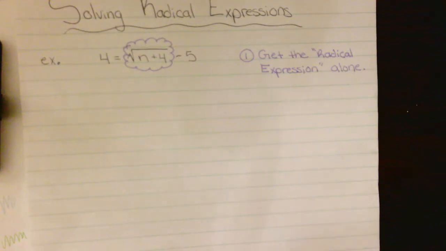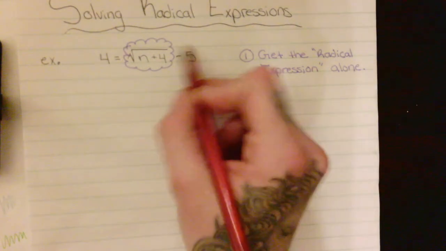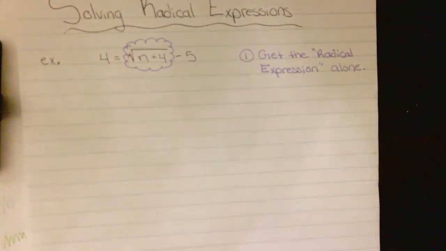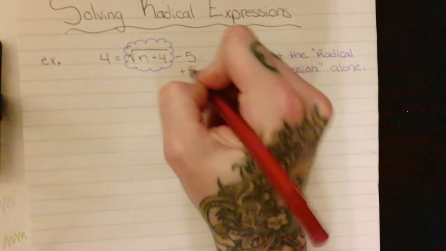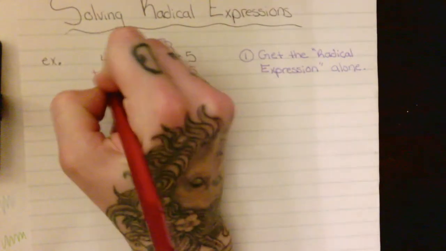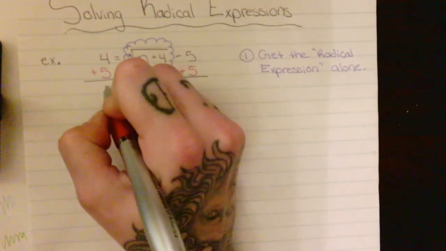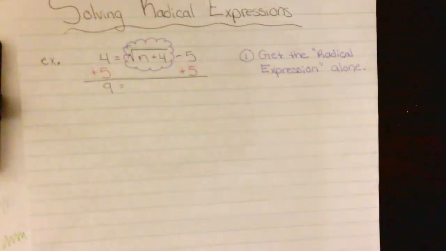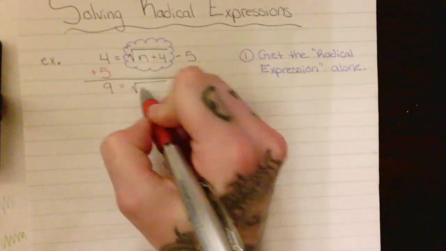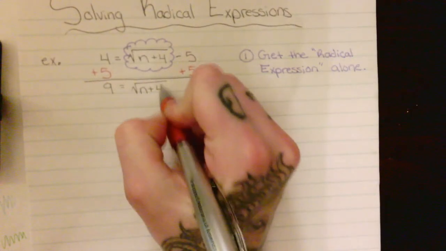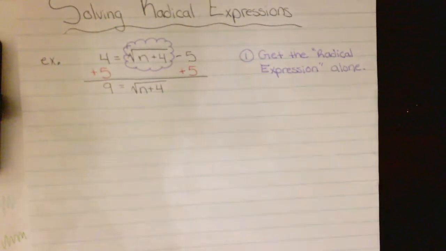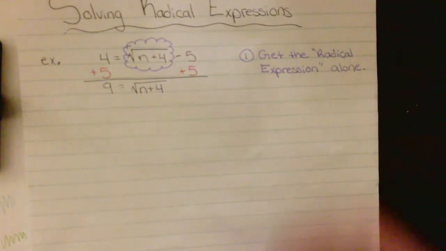So right now, I've got a minus 5 on the same side of this radical expression. The opposite of minus 5 is plus 5. If I do it to one side, I've got to do it to the other side. Now I've got a 9 over here, and now my radical expression is all by itself. Okay, excellent.